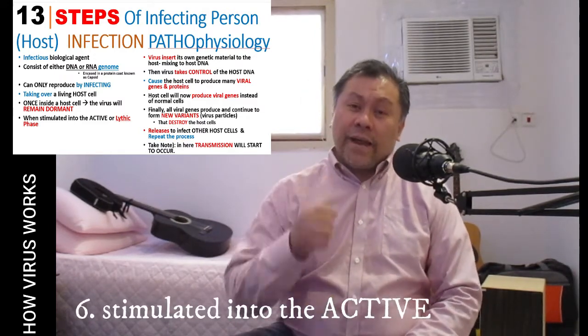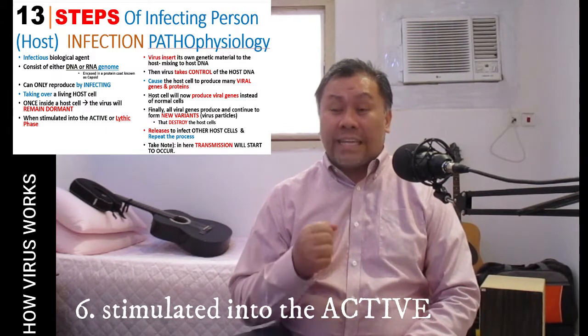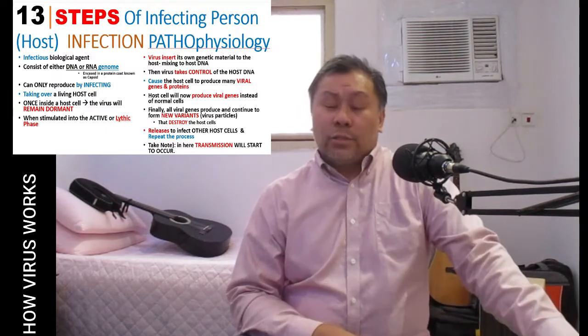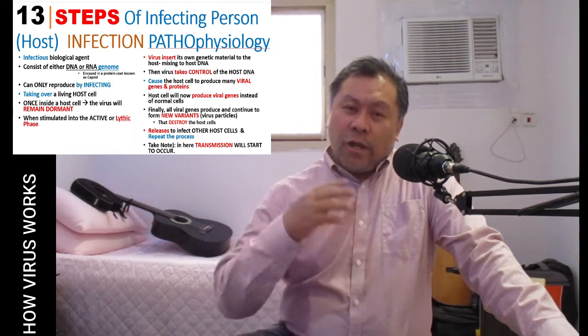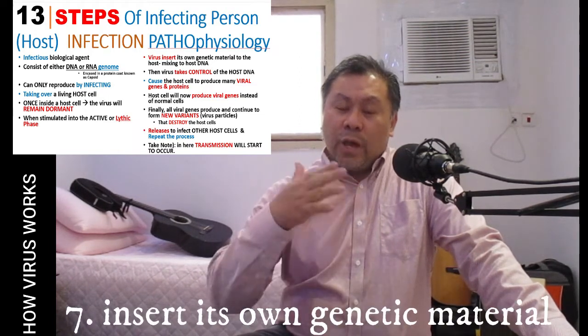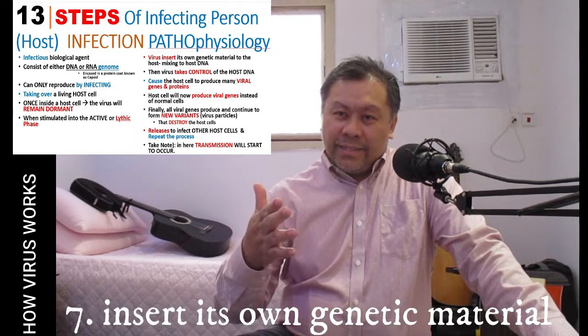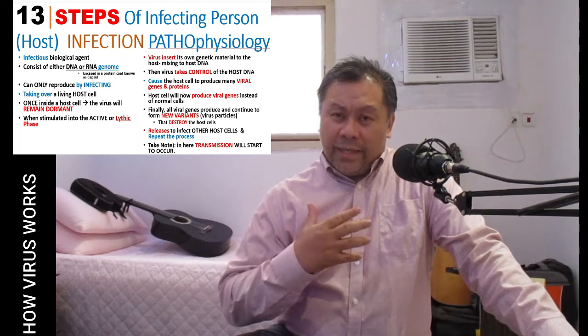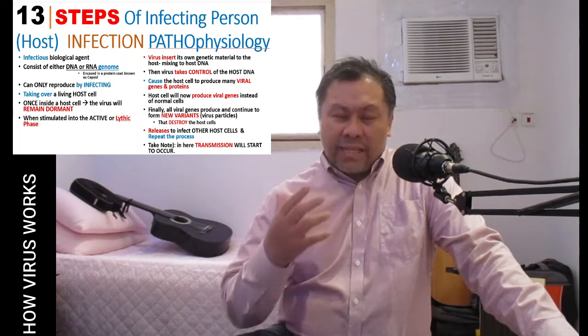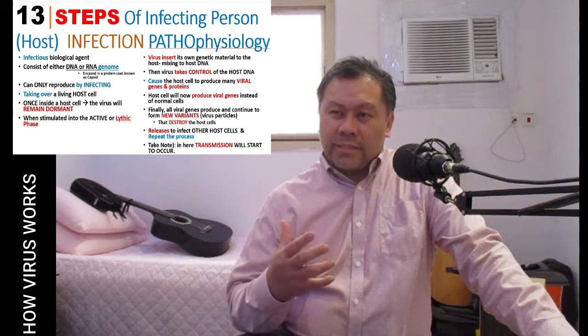Now, this virus will insert its own genetic material into the host. They are going to mix into the host DNA. So, we human beings, we have trillions of cells.